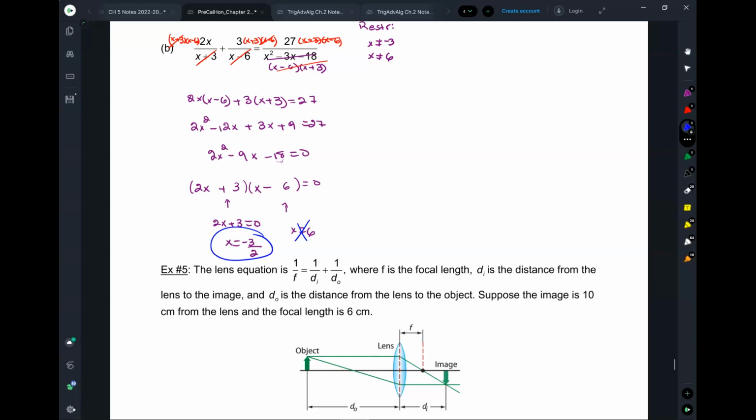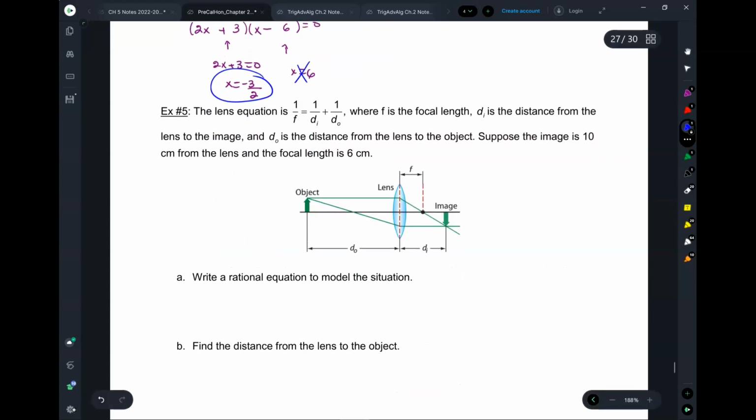Okay, let's do an application problem. So this here is in physics, the lens equation. Basically, if you're looking at something through a lens, this tells you where something will focus and so on. So where do we have a lens that has to create an image from an object that it's looking at?